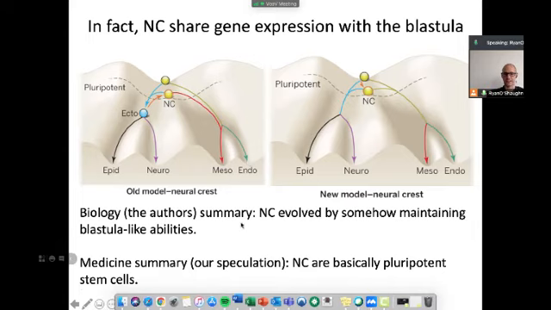The neural crest evolved, according to the authors of those papers, by somehow maintaining blastular-like abilities, i.e. they're pluripotent cells. So our speculation, based on what we see, is that our neural crest cells are basically pluripotent stem cells and have the ability to form epidermis, neural cells, mesodermal cells, and endodermal cells.